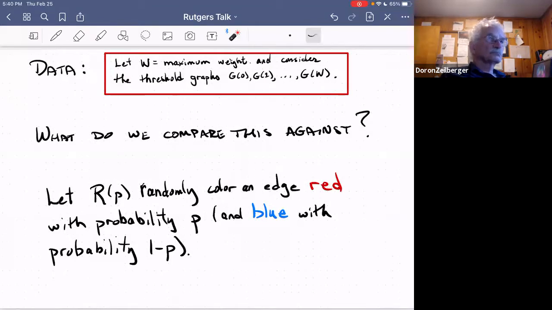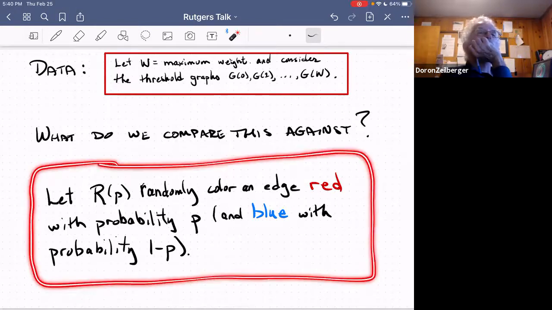What do we compare it against? Well, we don't want to compare it against a random graph where every edge is equally likely, because if I look at G of W, everything is less than that. So the probability is very high that I'm going to have a red edge. So the probability needs to come into play.